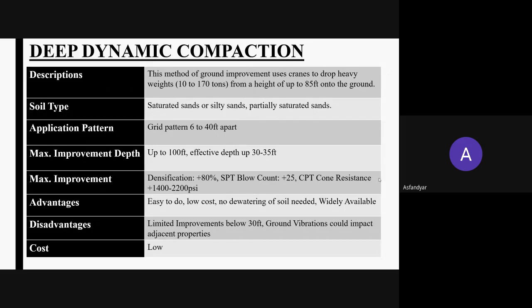This technique is easy to perform and widely available, and also no dewatering of soil is needed. The effective depth, as I mentioned, is up to 35 feet, so the improvement below that is significantly low, and it should be done with proper care because the ground vibrations could have an impact on the adjacent properties.